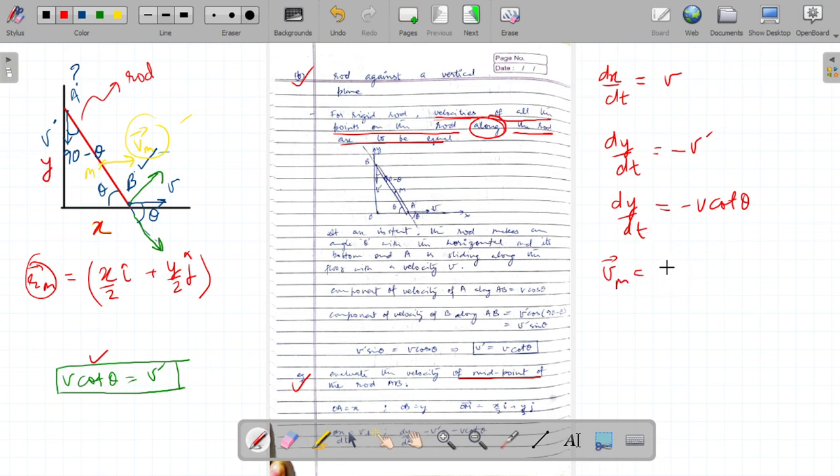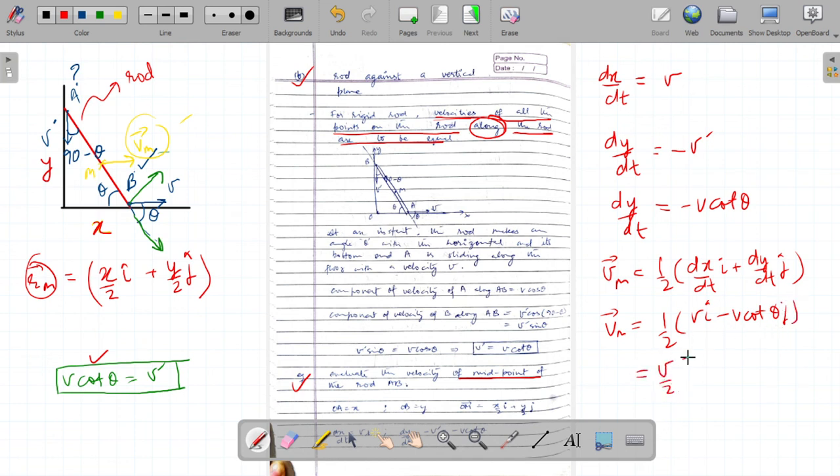So that velocity would be half dx by dt i cap plus dy by dt j cap. From this you would get half v i cap minus v cot theta j cap. From this we can take v common, v by 2 times (i cap minus 2 cot theta j cap). This is the velocity at that point.